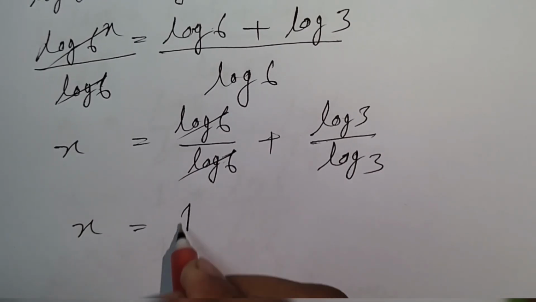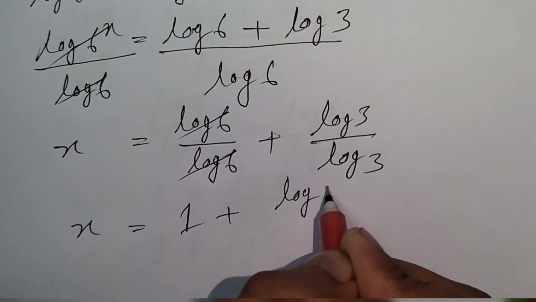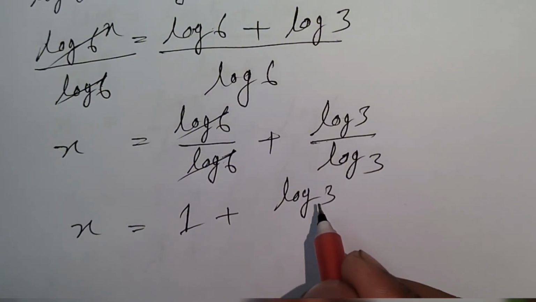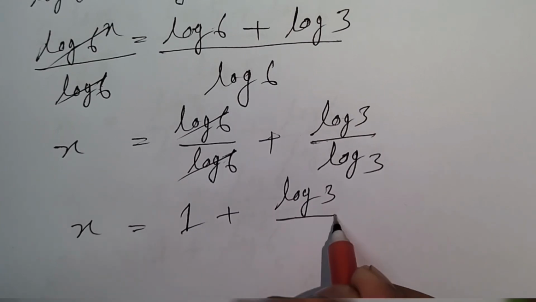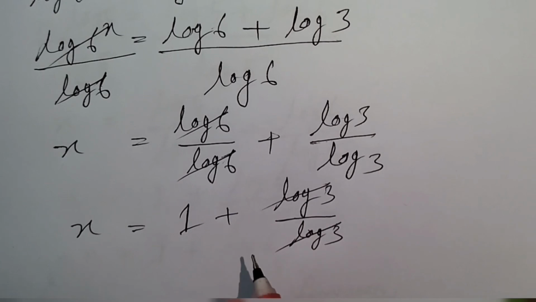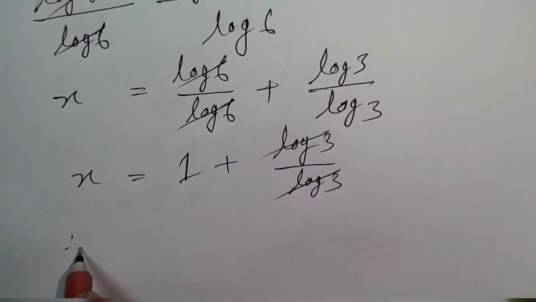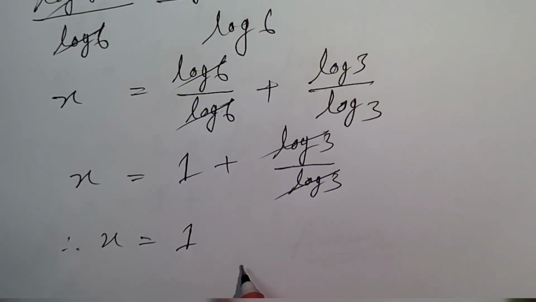X is equal to 1 plus log 3 divided by log 3. Log 3 will be cancelled. X is equal to 1. This is the value of x. Answer.